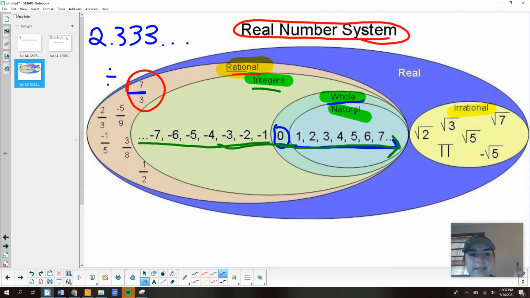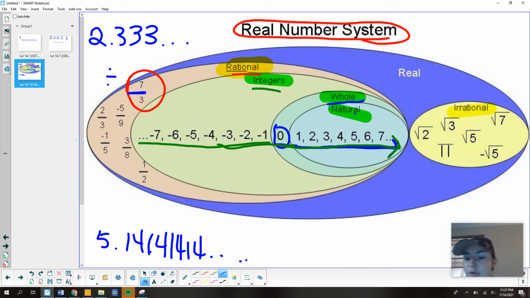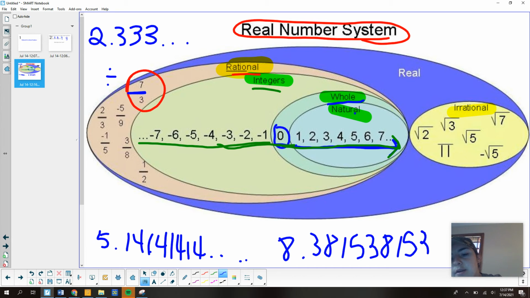So if you have a decimal that goes on forever and is repeating, like 5.141414, that would be a repeating decimal. Something like 8.38153815 that kept going would also be a repeating decimal.